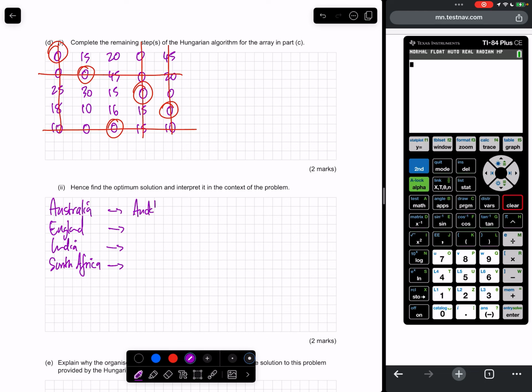Auckland, Christchurch, Wellington, Napier.